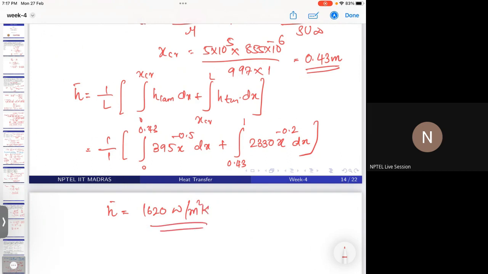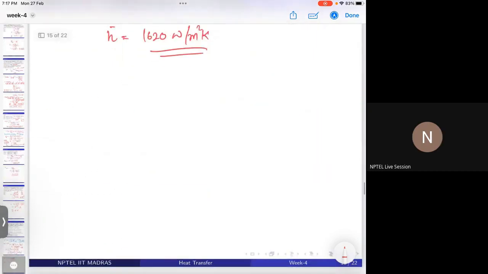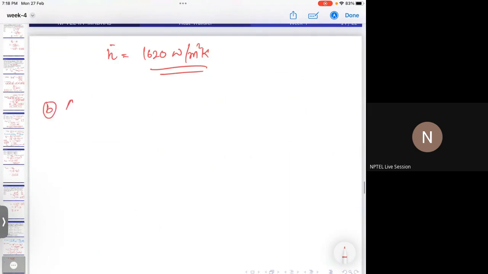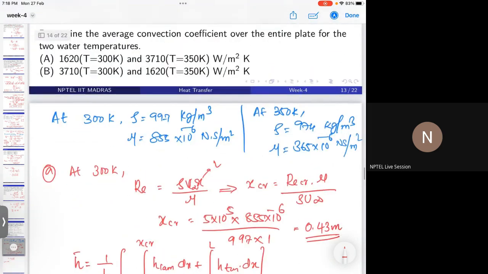Any doubt? No, sir. So the same for 350 Kelvin also. First, calculate the Reynolds number with these properties. You should check that the properties are changing.